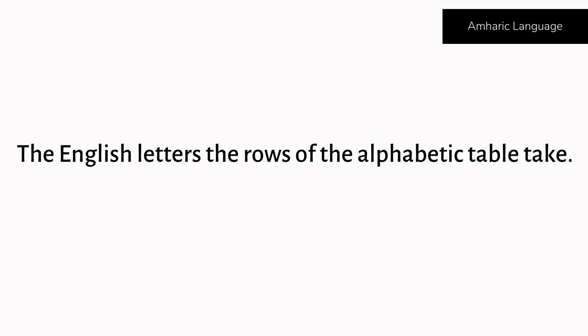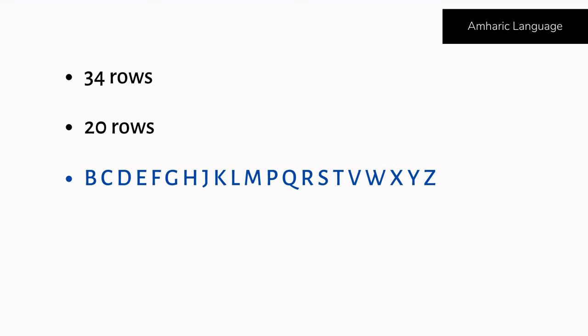Now that we saw the formation of single sounds, let's see what English letters the rest of the rows in this table take with them as their main letters. So we said there are 34 rows in the Amharic alphabetic table. From these rows, 20 of them take the English consonant letters, except the letters C and X, and the vowel letter A as their main letters.